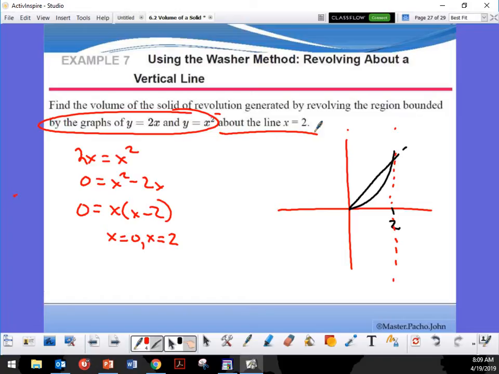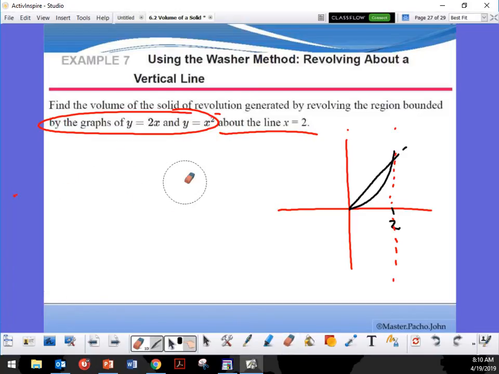Now, when I'm doing a vertical line, what is my equation going to have? Yeah, dy, right? So I'm going to have a dy. So I need it in terms of y now, right? So let's change up what I have here. So my functions are going to look like this.